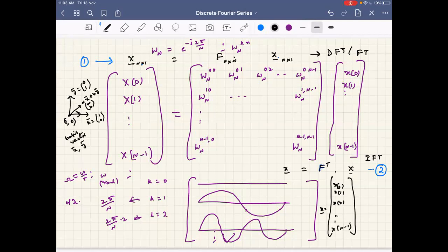Similarly, these are basis sequences, used for representation of time domain information in the frequency domain, because these basis sequences will have different frequencies when you plot them. If they are continuous, you call them basis functions.